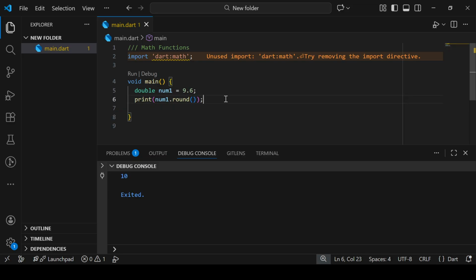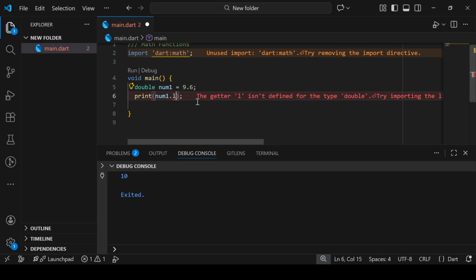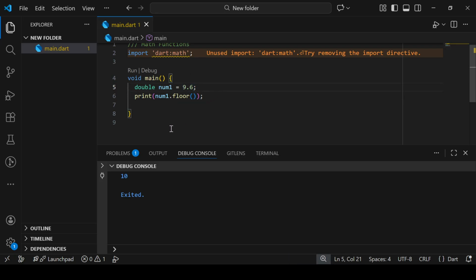Okay, I also have another method that I want to clear the concept of, floor. If I write here floor, this floor always rounds down. The floor function always rounds down the value. So now I write here 9.6, but floor rounds this value to 9, not to 10.